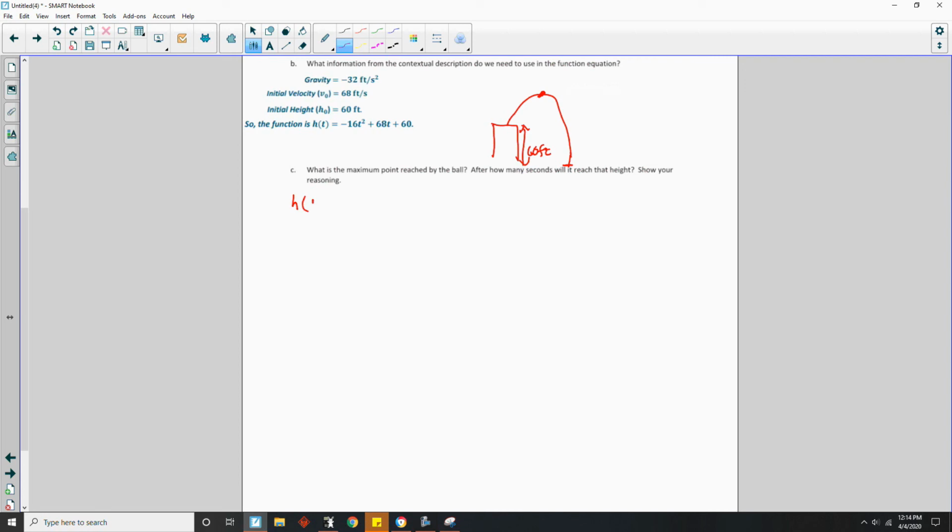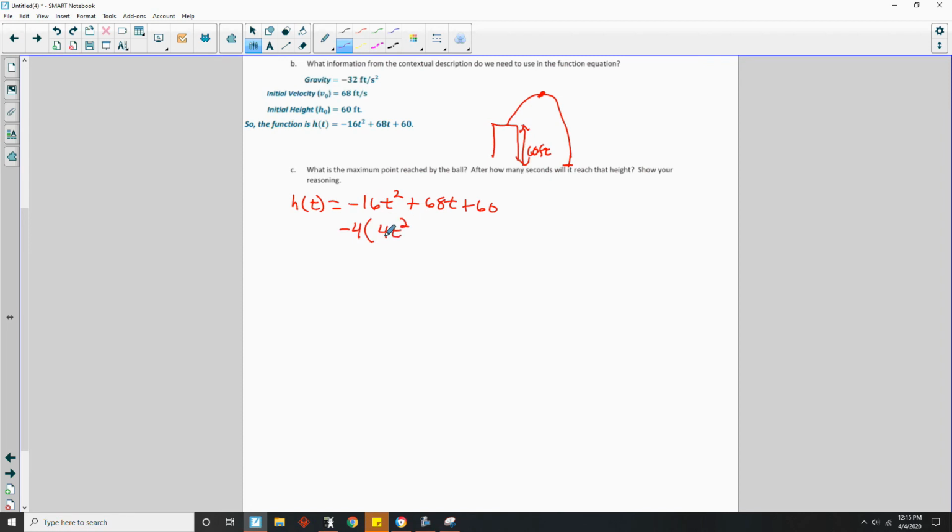If I have h of t equals negative 16t squared plus 68t plus 60, I can factor out a 4. So if I take negative 4 out of this, then 16 divided by 4 is 4t squared.